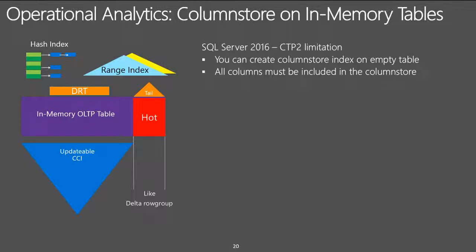You have to create column store index as part of the create definition. Now, that simply means if you were running your OLTP workload and you want to create a column store index on it, you just cannot create like that. You have to first migrate the data out and do that. And this is something we plan to address in the CDP3 timeframe, but this is the current limitation.